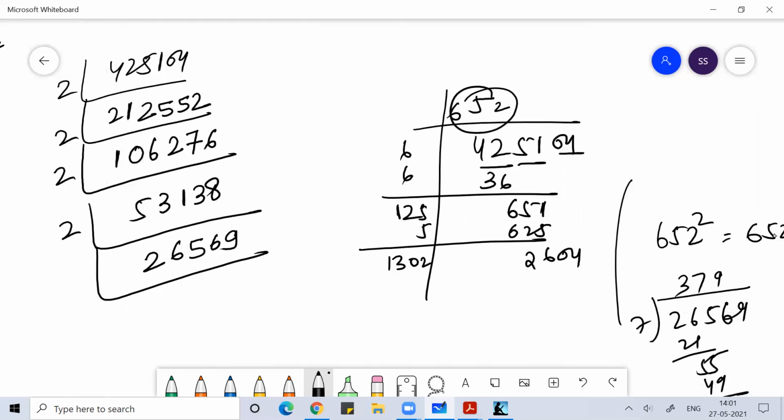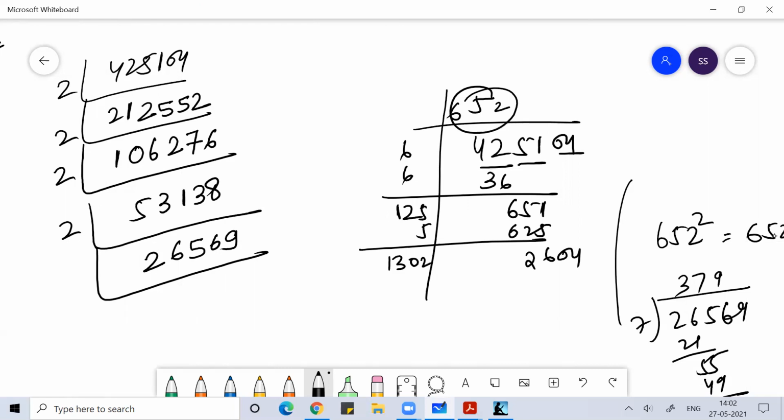425104 डिवाइड बाय 2 करेगा तो 212552 आता है ना। I think that's a prime number. One minute, don't be too confusing. So 425104, if I divide by 2, so I think 652 is correct.